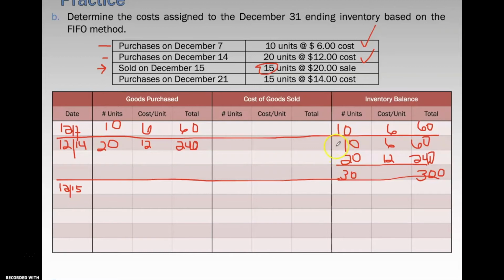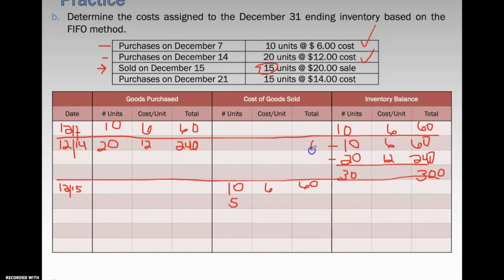So we bought 10 units in our first order, so we're going to assume all 10 of these are gone. And then we work our way down to the next order, so we have to come up with 15, and that was only 10. So we're going to assume 5 from the second order were sold.